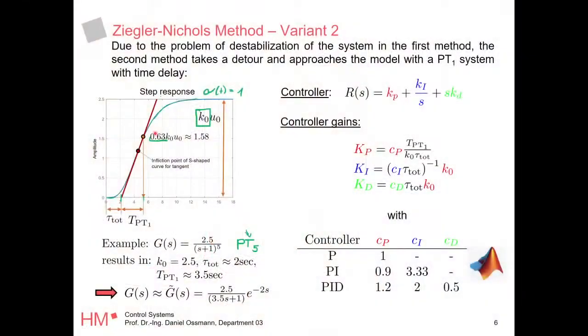They just did a lot of experiments and used heuristics to come up with this rule of thumb. What I want to do with you now is to take a look into a MATLAB code where I actually took this PT5 system and designed all of those controllers based on this method and based on the first variant.